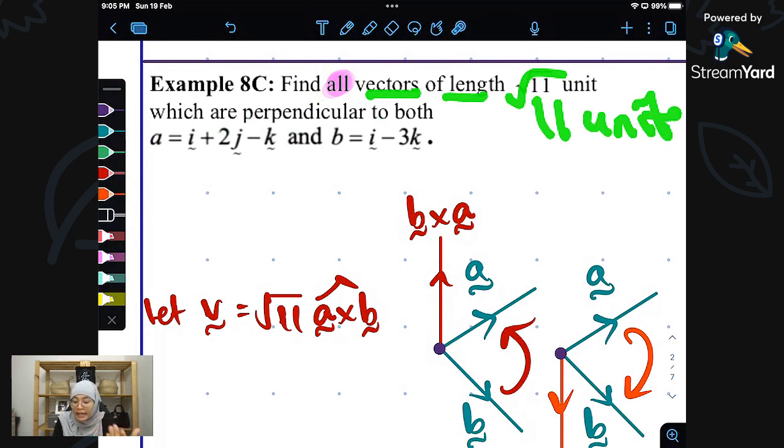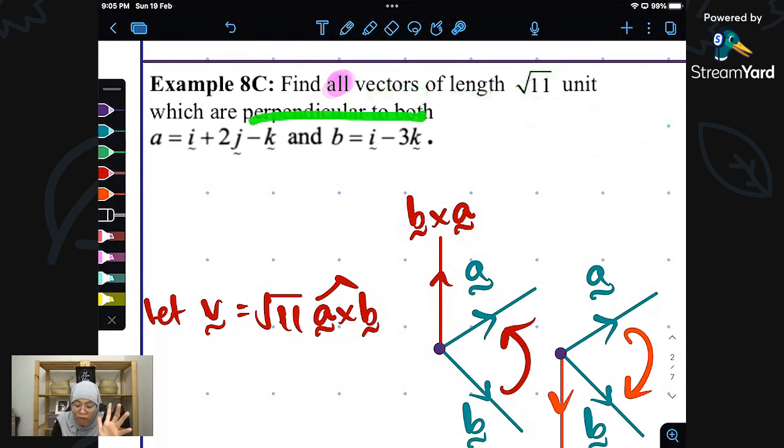Okay, dia dah bagi dah, dia nak cari vektor yang ada length sebanyak 11 unit, which are perpendicular to both A and B. Okay, so A and B bermaksud sesuatu lah. Sesuatu itu apa?